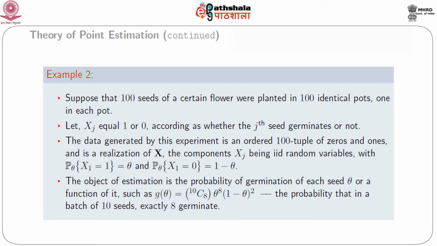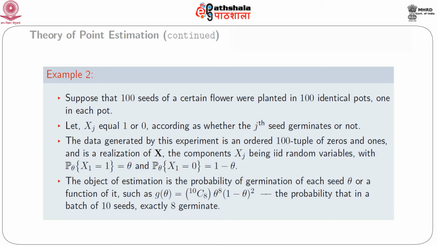The object of estimation is the probability of germination of each seed theta or a function of it such as g(theta) equal to 10 choose 8 times theta^8 times (1 − theta)^2, which represents the probability that in a batch of 10 seeds exactly 8 germinate.